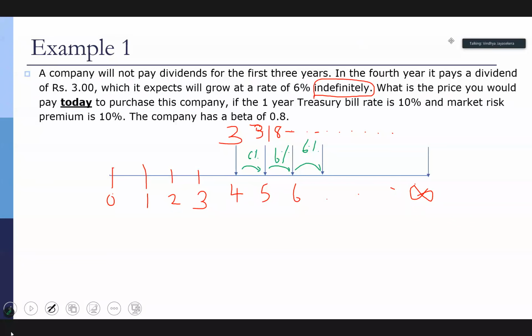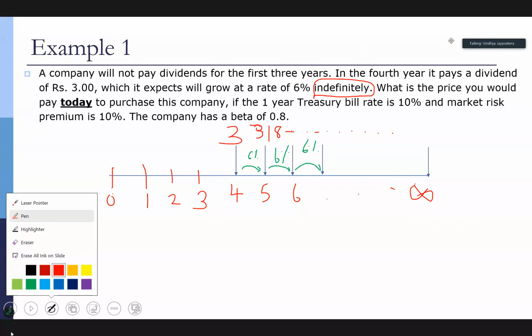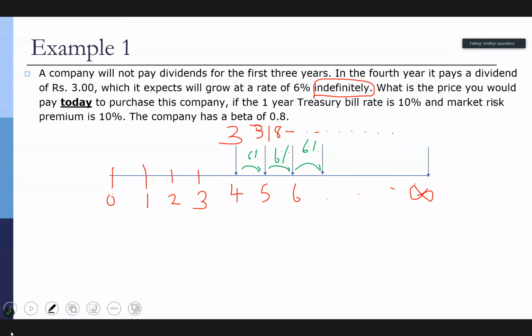This is why your answer is not correct. What is the market risk premium? What is the market risk premium?